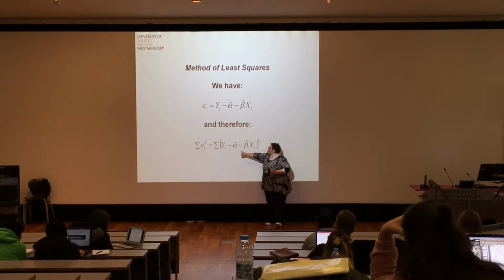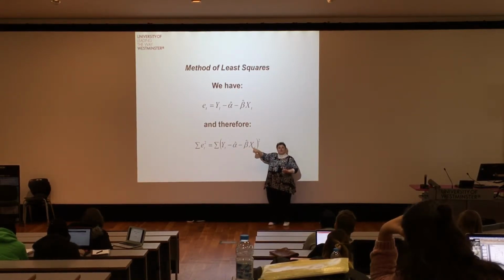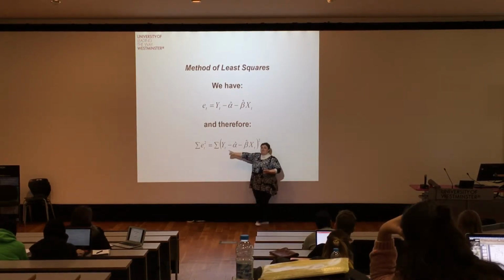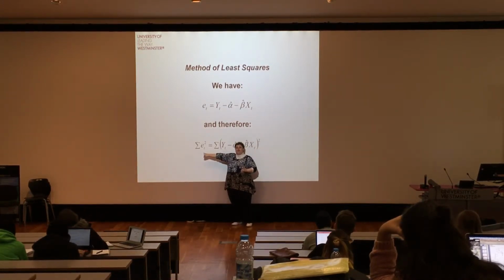So alpha and beta are chosen in a way that minimizes the sum of the squares.